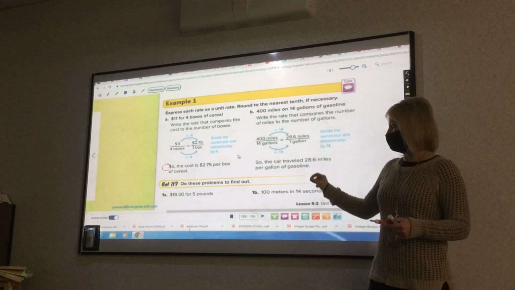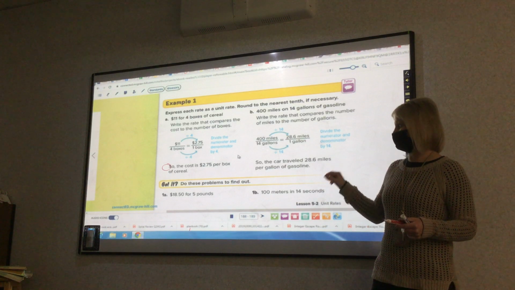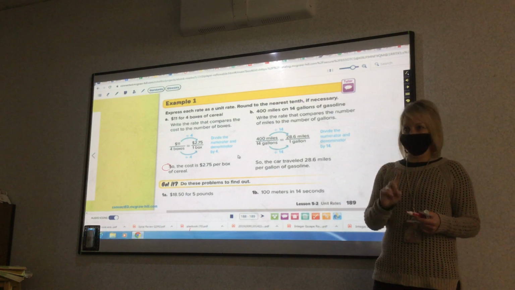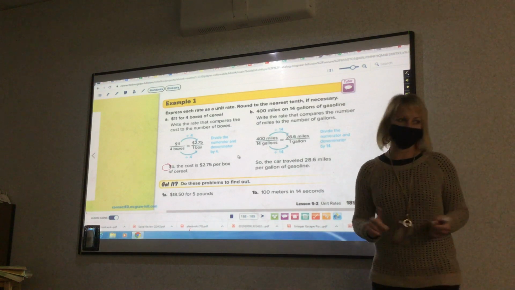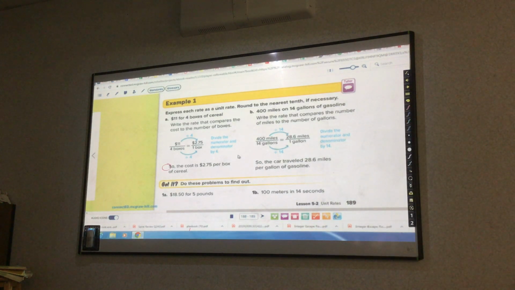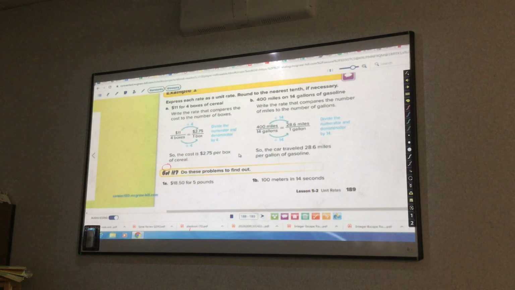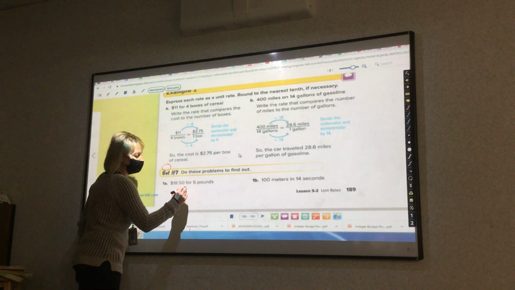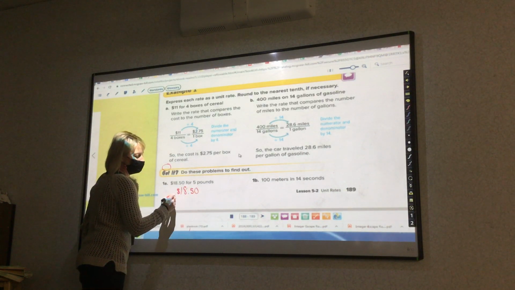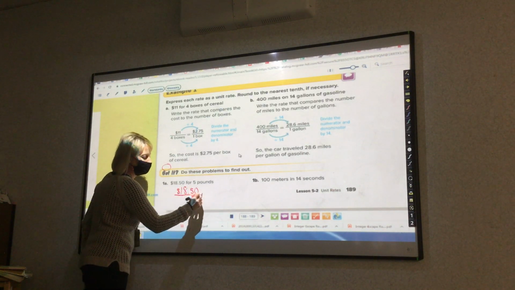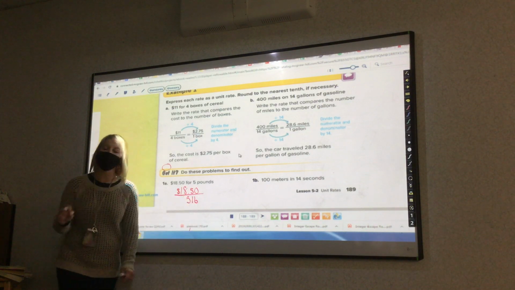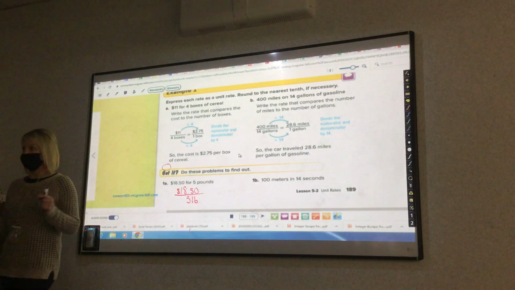Okay? So if I have $18.50 for 5 pounds, the first thing that you need to do, you can't just put it in a calculator. First thing that you have to do is write it as a ratio. So I would write it as $18.50 per 5 pounds. And in rates and ratios, labels matter a lot.